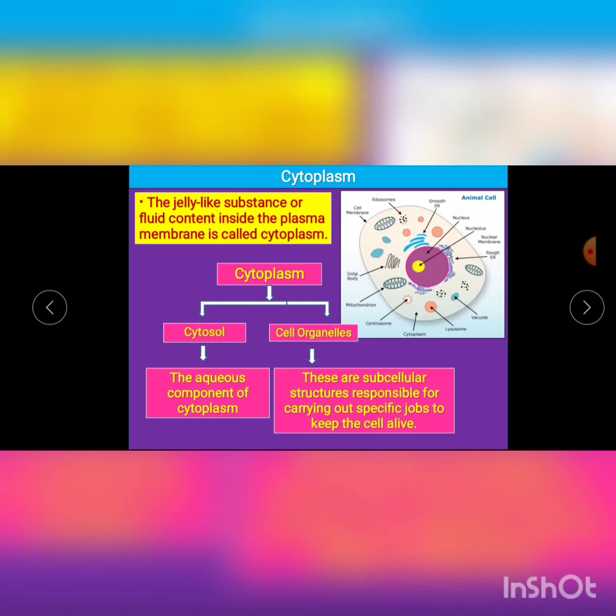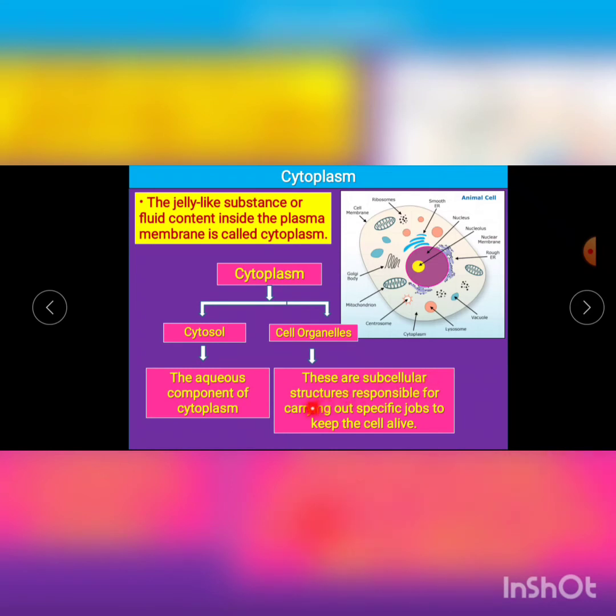A cytoplasm can be divided into two parts, cytosol and cell organelles. The aqueous component of cytoplasm is called cytosol. That means whatever jelly or fluid substance we have here are cytosol, and in the cytosol cell organelles are present.